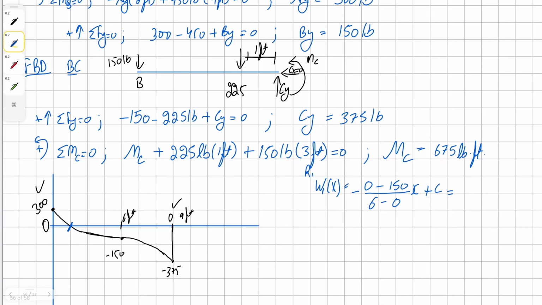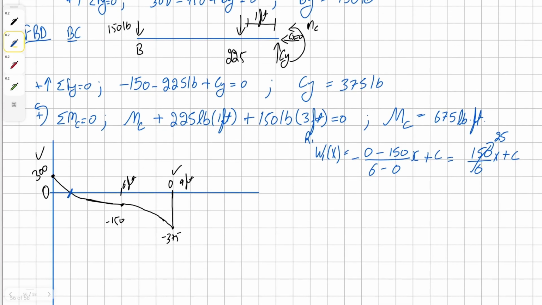Simplifying it, we have 150 divided by 6 x plus the constant. And 150 divided by 6 becomes 25. So our load equation is now 25x plus the constant.